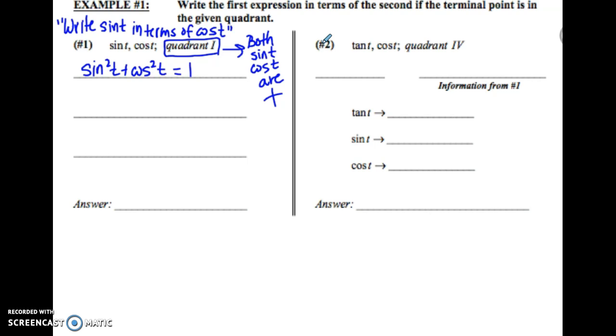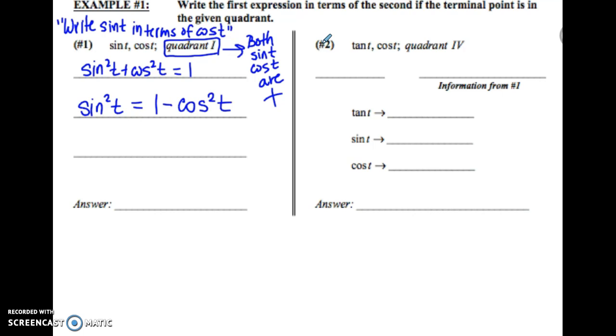My job is to write sine in terms of cosine. So I want to know what does sine equal in terms of cosine. So I'm going to solve this for sine squared t, which means I'm going to subtract cosine squared t over to the other side of the equal sign. So sine squared t is going to be equal to 1 minus cosine squared t.